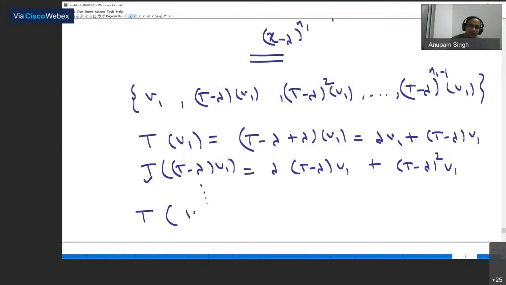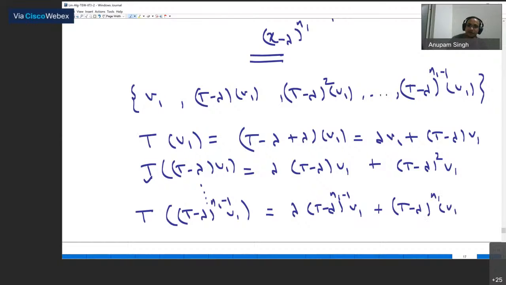If I apply T to T minus lambda to the power n1 minus 1 v1, I get lambda times T minus lambda to the power n1 minus 1 v1 plus T minus lambda to the power n1 of v1, but this is 0.